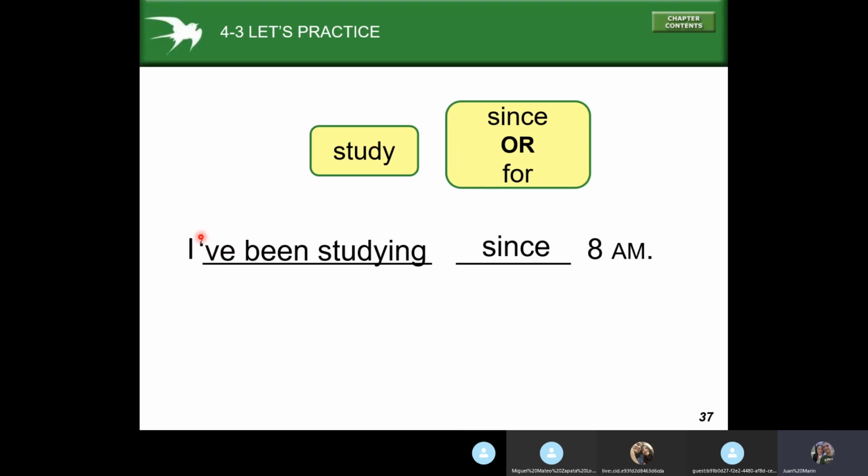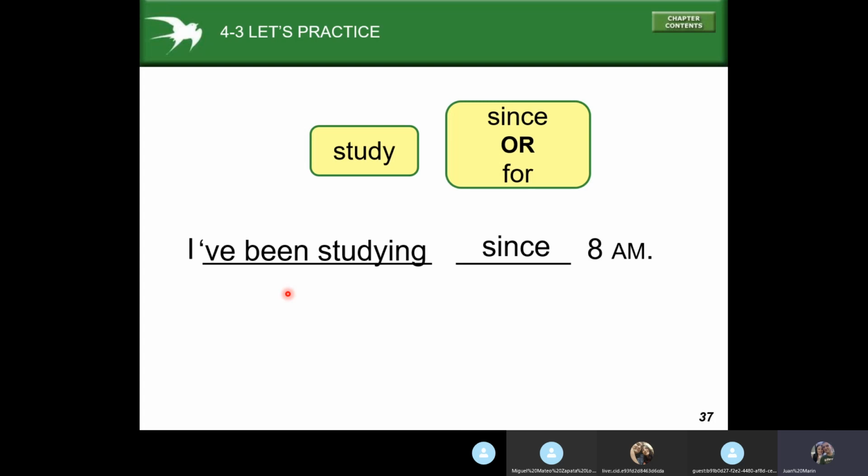We have the apostrophe and the contraction with a have. I've been studying. So in this case, we use been studying to emphasize that it's an activity that has been in progress since 8 a.m. So I continue studying.